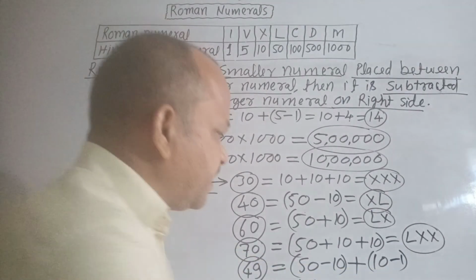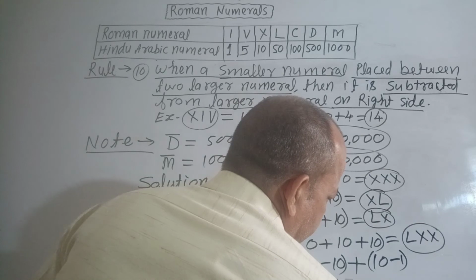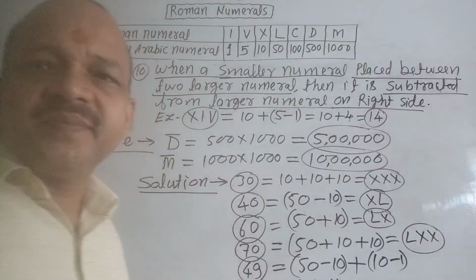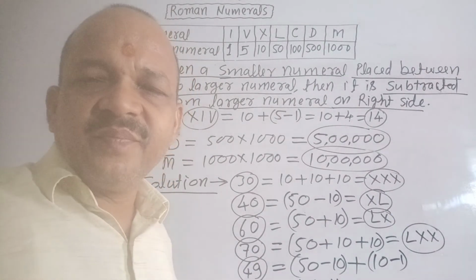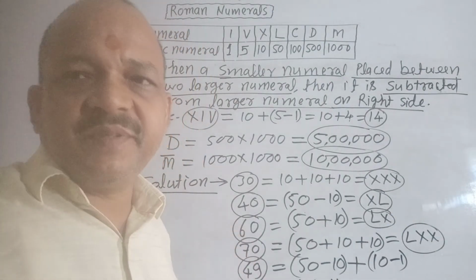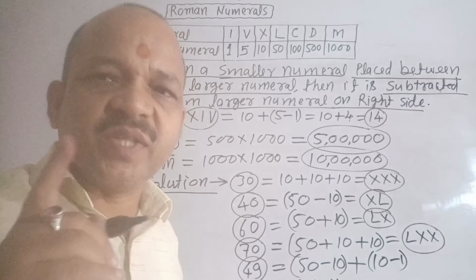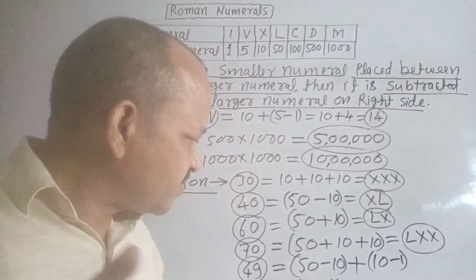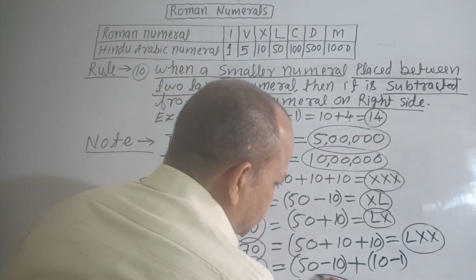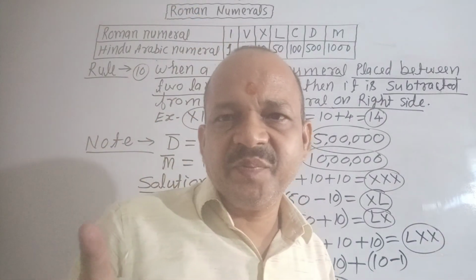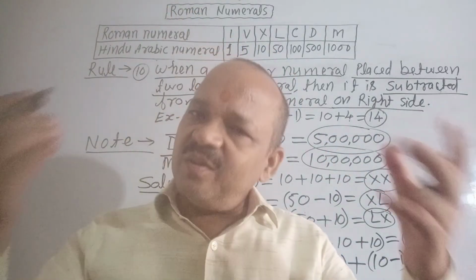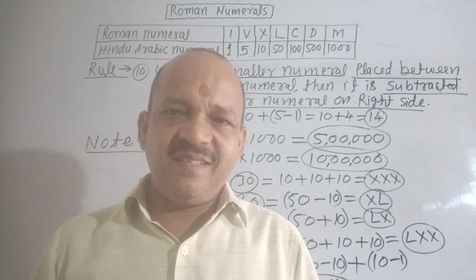It means you can write it IX. X is larger, I is smaller. Smaller numeral on left side of larger numeral. So you subtract it. Clear? It becomes XLIX. In this way you can solve any question very easily.